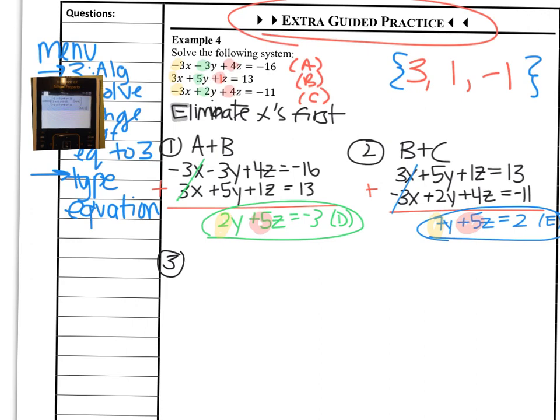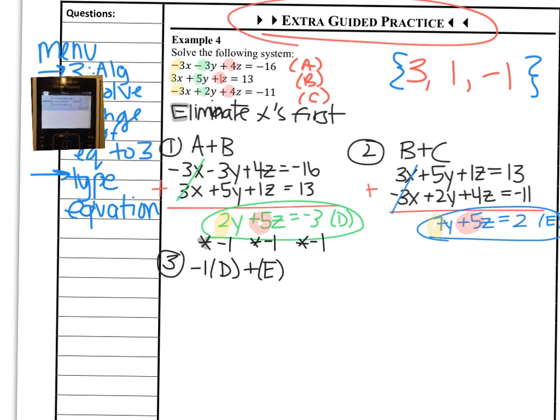I'm going to say that we're going to multiply this one, equation D, times a negative 1 on every single part. So we have a negative 1 times D plus equation E. Again, we're taking equation D, multiplying it by a negative 1 so that we have that negative 5z to be able to cancel with equation E's positive 5z.